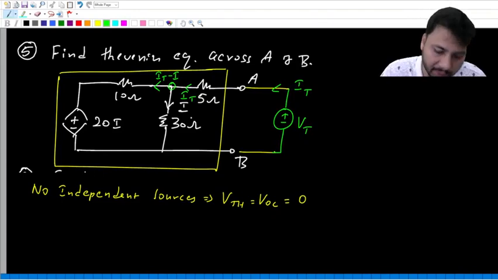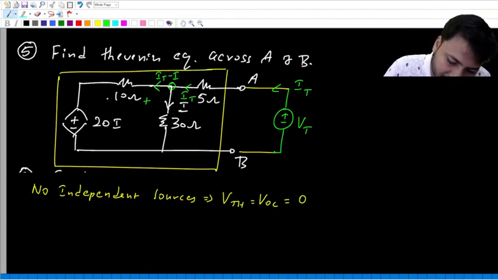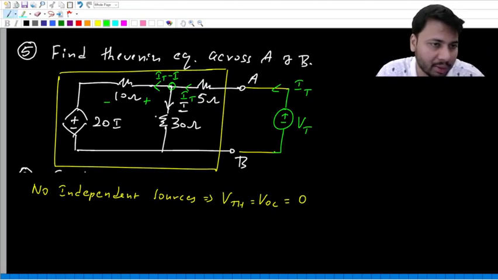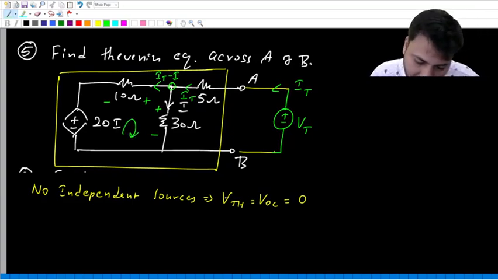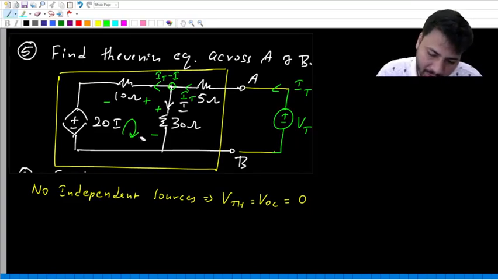IT minus I. So because of this current, there will be some drop across the 10 ohm resistor. So what is this drop? It will be 30 times I. In fact, we can write KVL around this loop, or else the better way to do it is what?